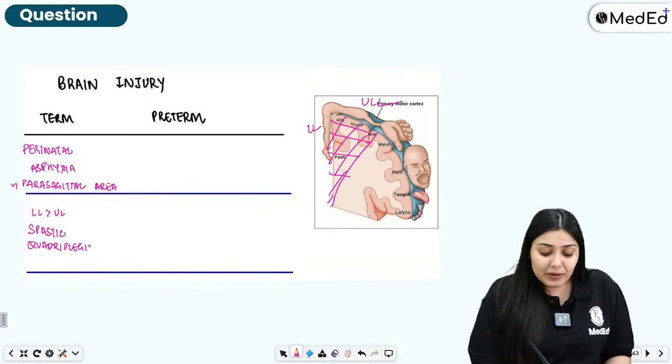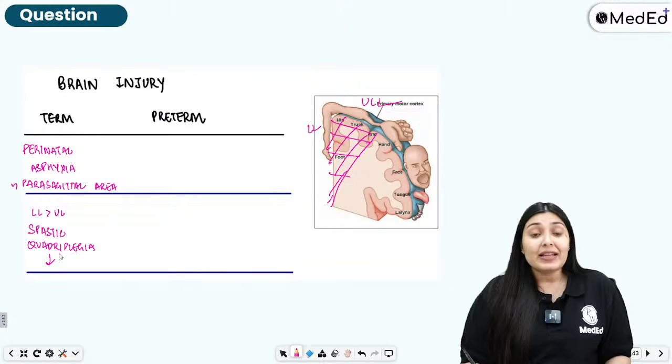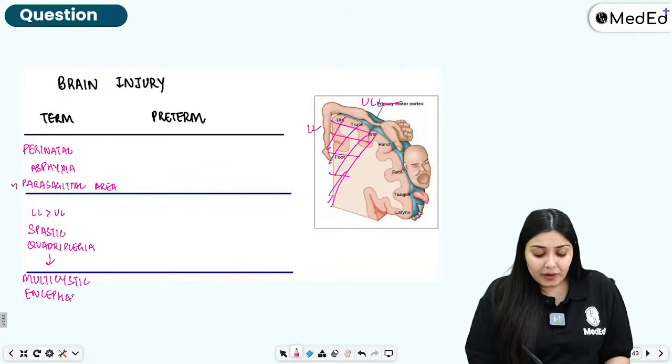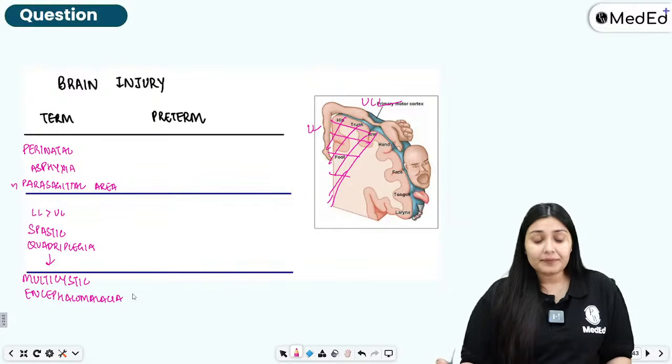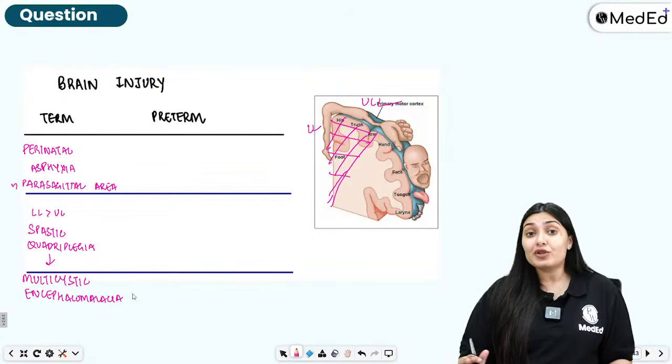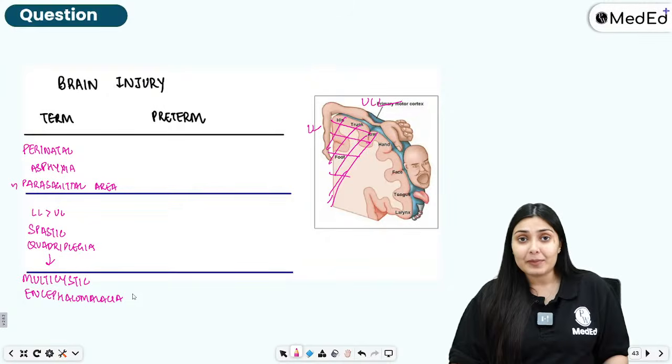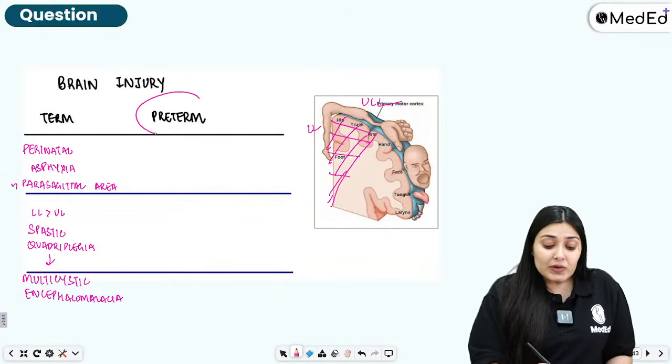And as these brain lesions progress, they present with multicystic encephalomalacia. And in future, this child is going to develop spastic quadriplegic CP, cerebral palsy. This was about term babies.